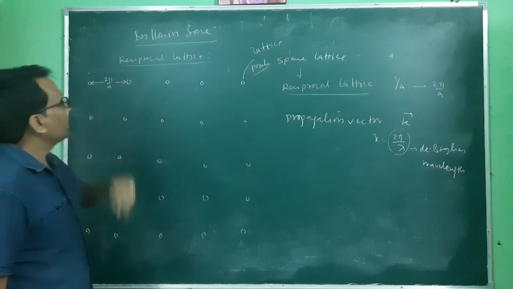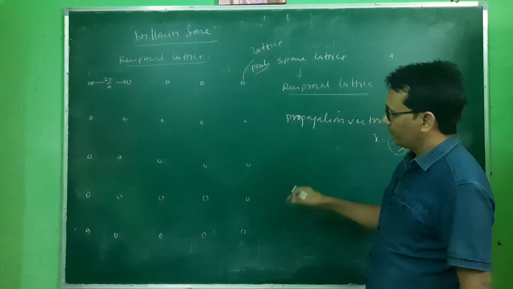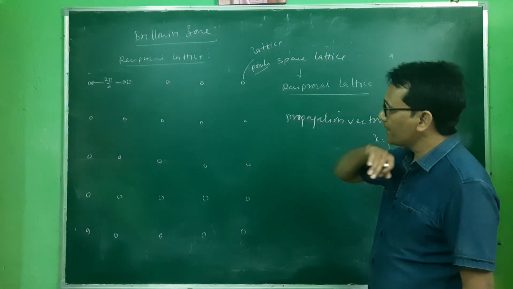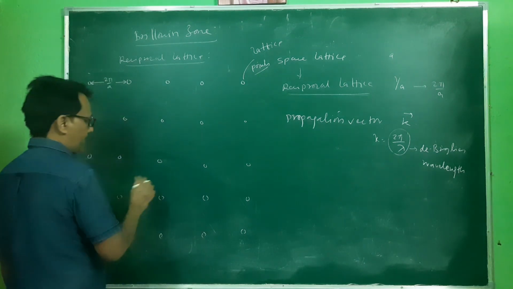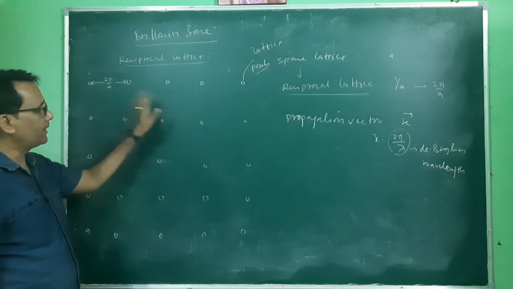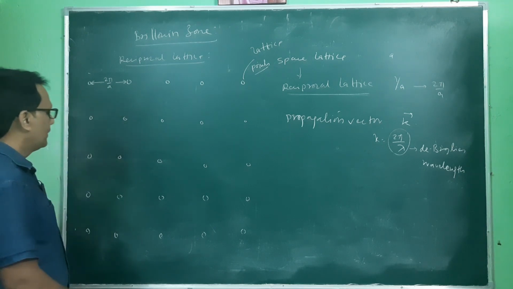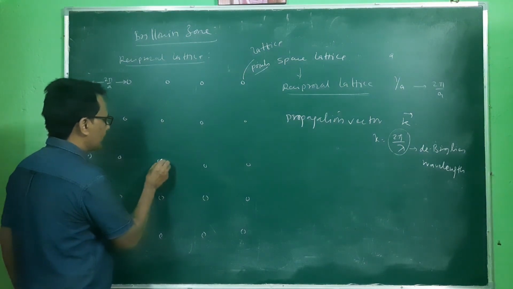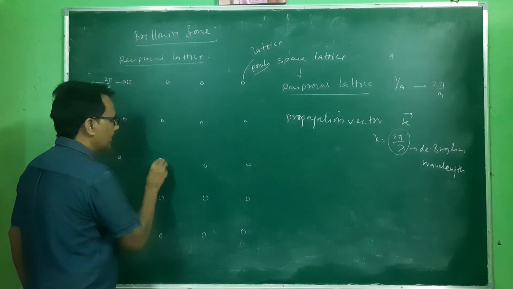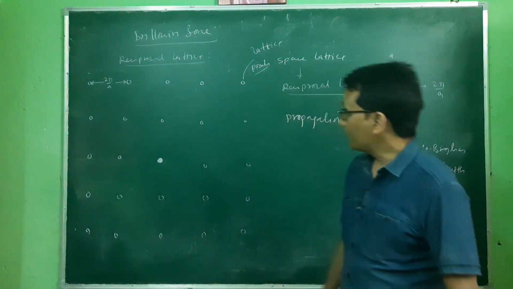So in order to draw this Brillouin zone, we take a periodic arrangement of this type of reciprocal lattice space, and first of all we take one center point. Although any point can be taken as the center, if this is a 5 by 5 reciprocal lattice space, then the center is somewhere here. This is the center point of the reciprocal lattice space.